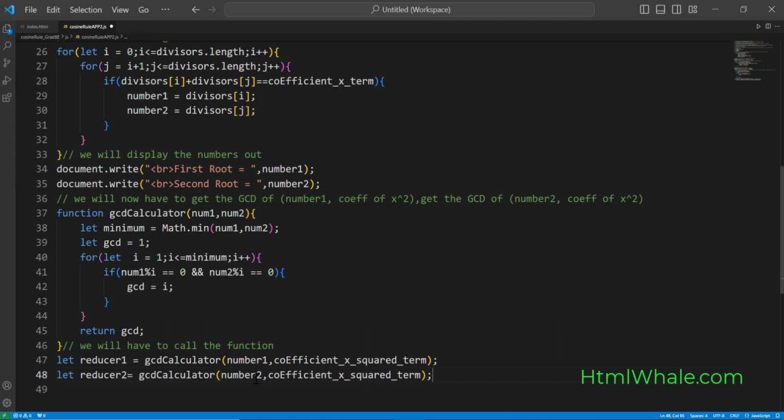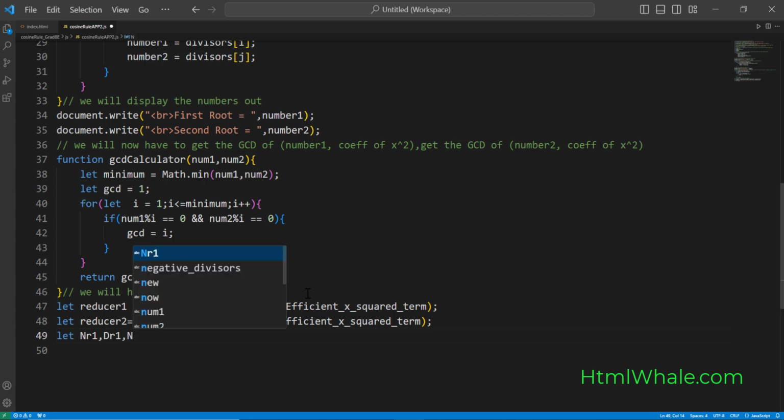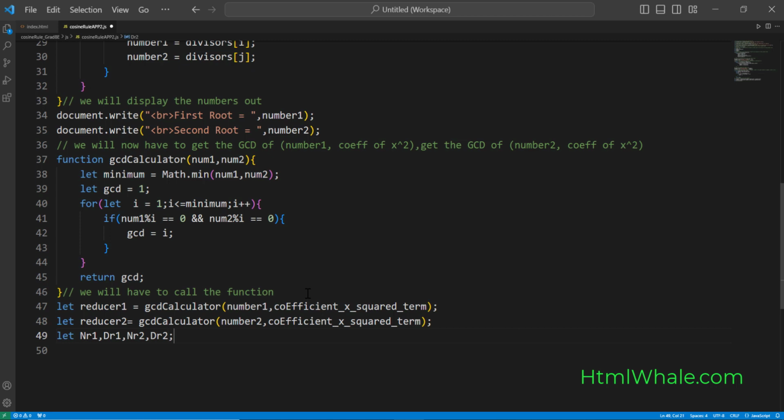Now after extracting the GCD, what we have to do is we will have to reduce the number 1 and the quotient of x squared, number 2 and the quotient of x squared. So for that we need to have 4 sets of variables. So I'm going to name it as let numerator 1, denominator 1, numerator 2, denominator 2, right?